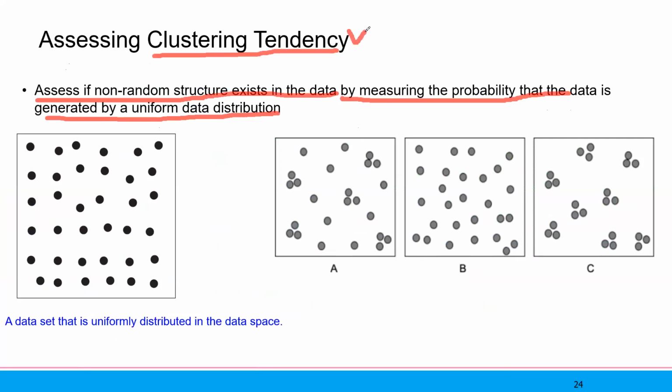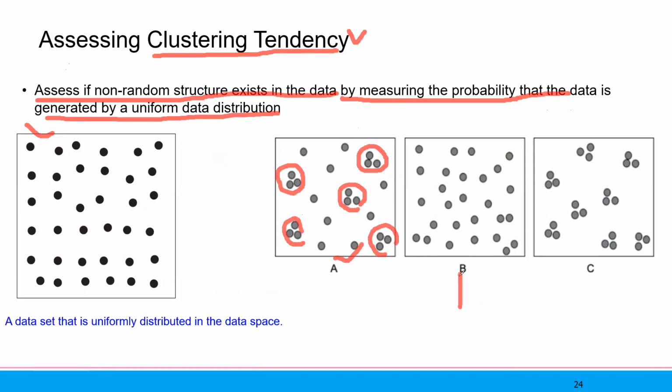Tendency. Let's say we have this data. Maybe this data is like uniform data distribution. If you look at this A, there's a tendency. Okay? Based on the visualization, you can see there's a tendency. This is the tendency of the clusters.